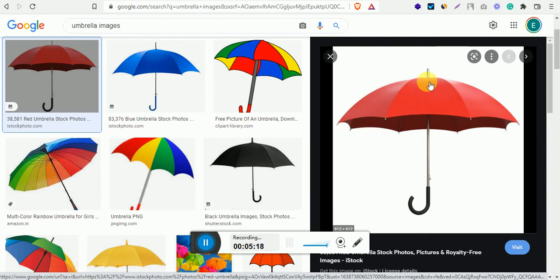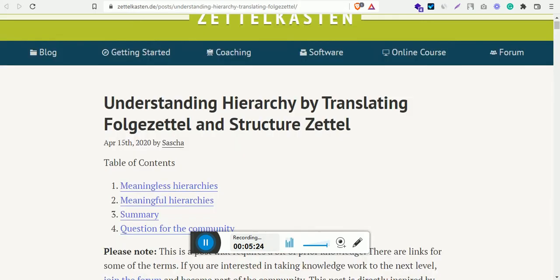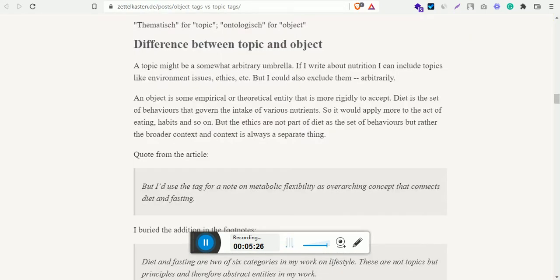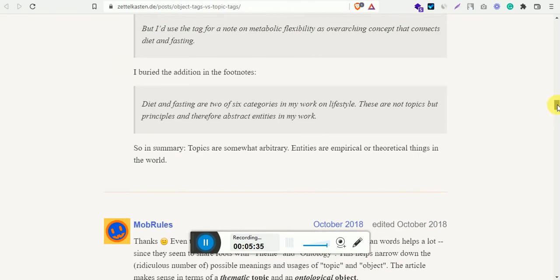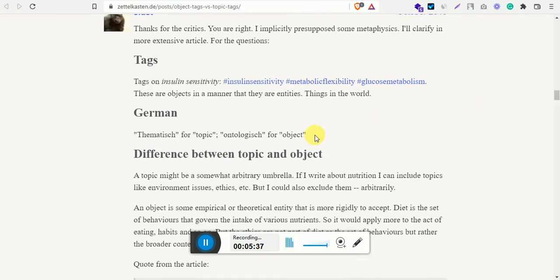So this is a topic, and it might have umbrella topics under it as well, more topics inside the topic. So always use objects for tagging instead of topics.